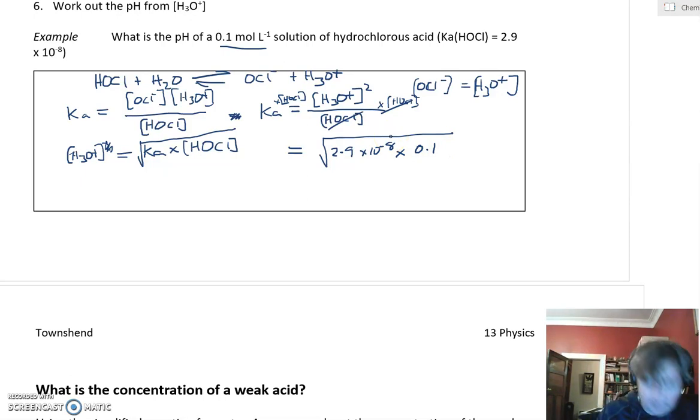So I've got 0.1 times 2.9 exponential negative 8. Execute, and let's do the square root of that. And the answer is 5.39 times 10 to the negative 5.